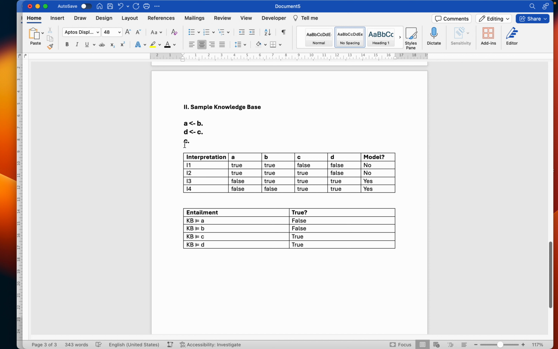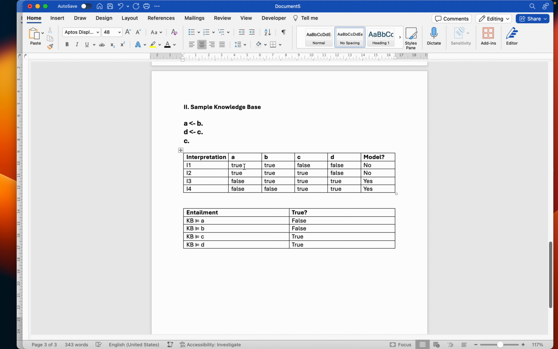So it means that D also needs to be true according to this knowledge base, but we have been given no explicit information about A or B. So we are not properly entailed by the knowledge base about the values of A and B. We could make interpretations, but they are not really that specified.